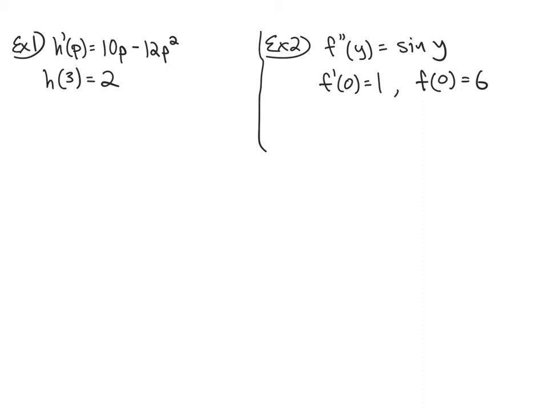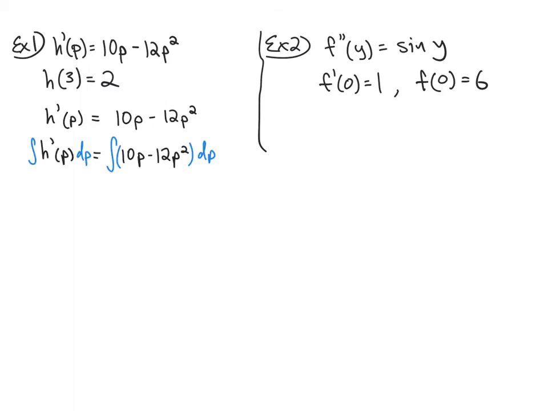So let's take a look here. If I know h prime of p equals 10p minus 12p squared, and I want to find the antiderivative of both sides with respect to p, that would look something like this. We are going to take the antiderivative of both sides with respect to p, which means that the left side becomes h of p.